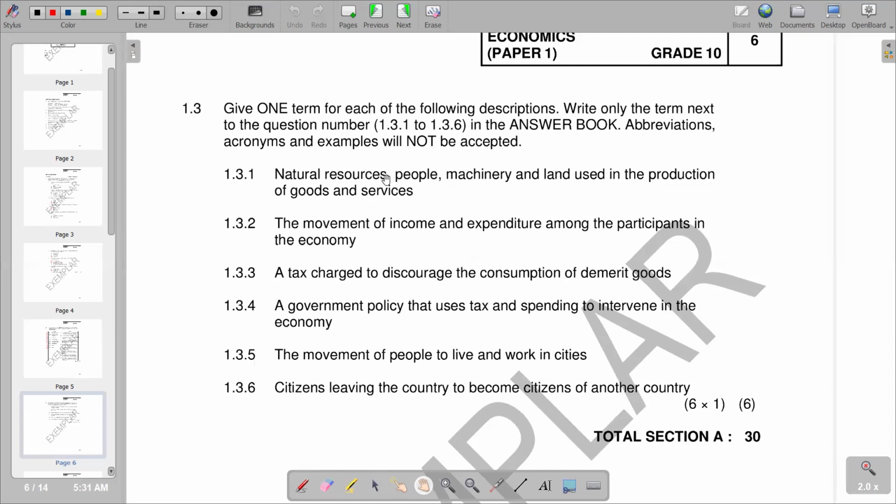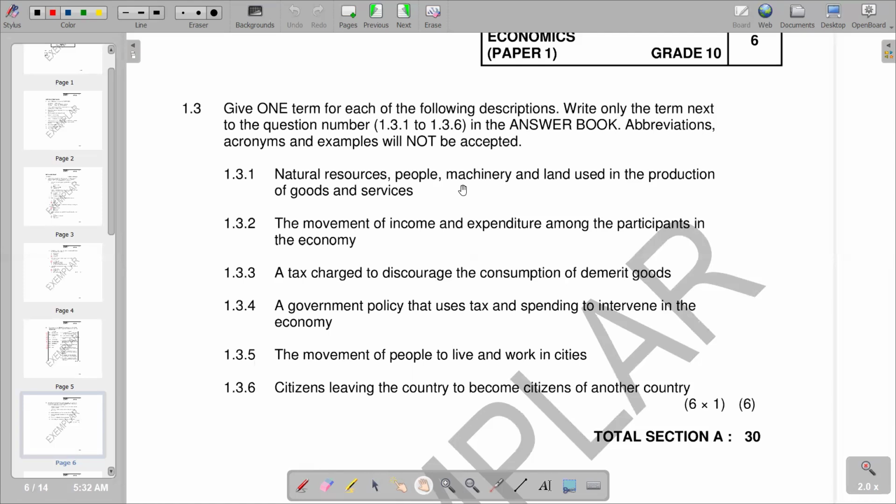So we look at 1.3.1. It reads: natural resources, people, machinery, and land used in the production of goods and services. So basically, natural resources, people, machinery, and land, you see that this describes the factors of production. Remember, natural resources refer to the part of land. Basically, we have land, labor, and capital. The people are representing labor, and then the machinery is representing capital.